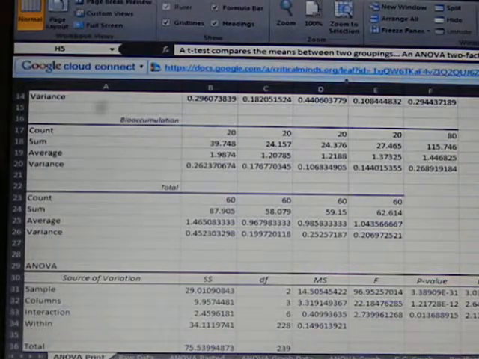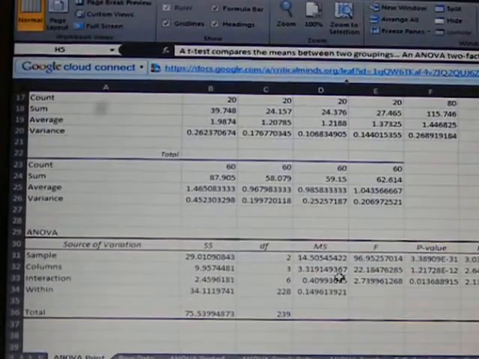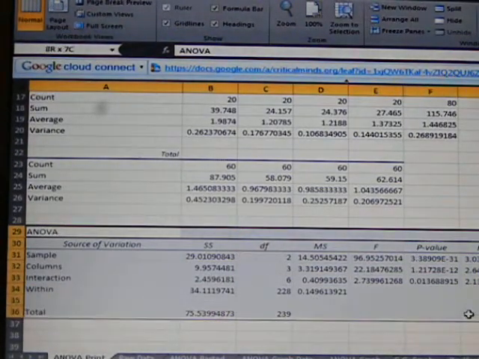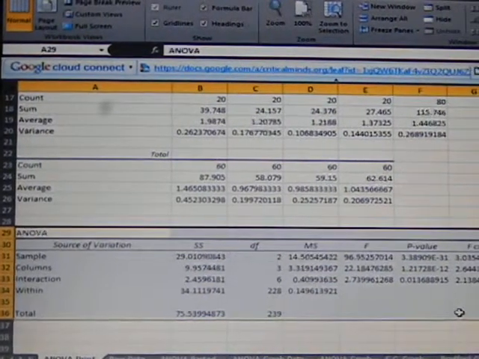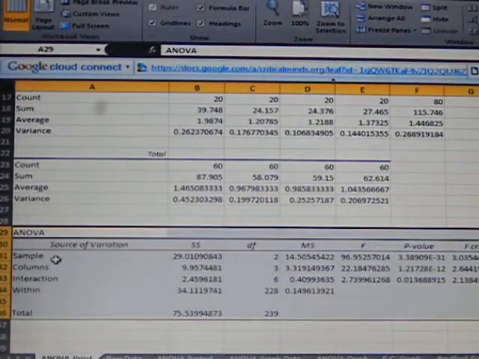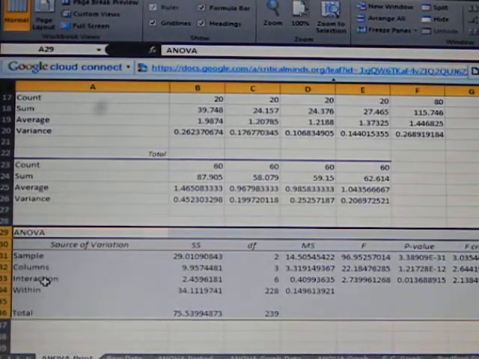Part of this output is actually on your board. The things that you pay attention to are sample, columns, and interaction. I renamed them.